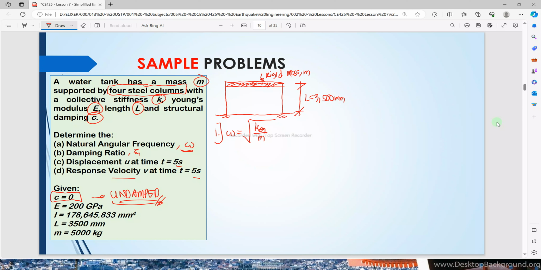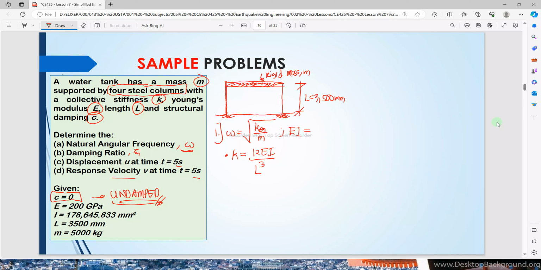So take note that this is the system where the supports are fixed, these are fixed connections. So for a fixed connection, our stiffness K is equal to 12 EI over L cube. So our EI, we just take first the value of EI.